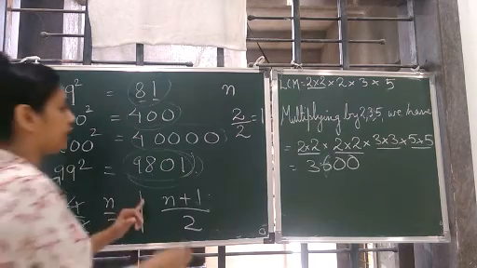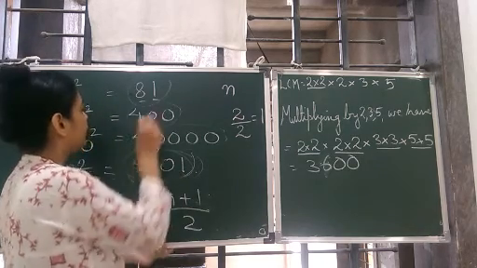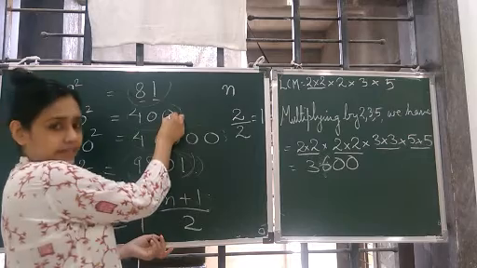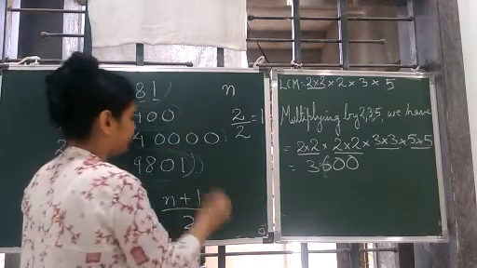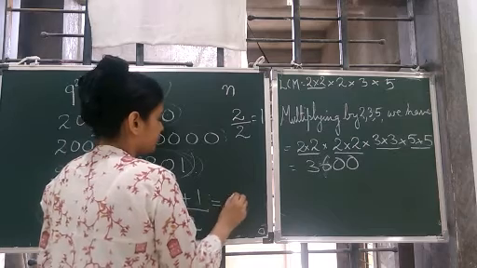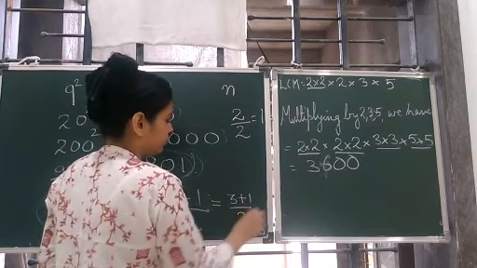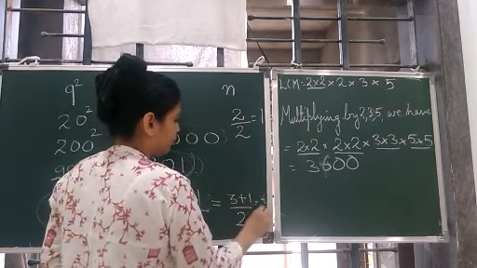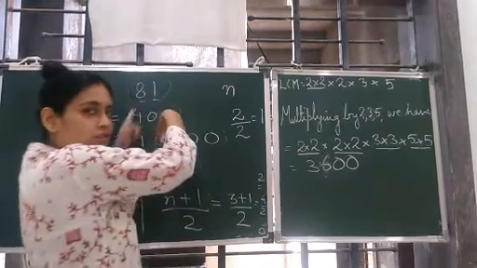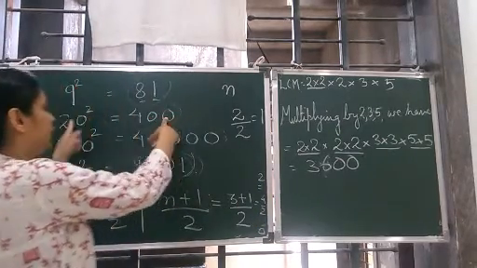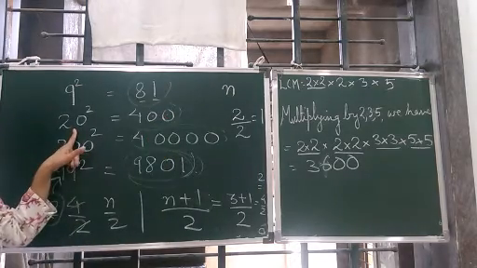Correct? Now let's take n as an odd number. This is a 3 digit number: 1, 2, 3. It is odd, so we do 3 plus 1 by 2, that is 4 by 2, that is 2. Let's check its root. How many digits? 2 digits, right?